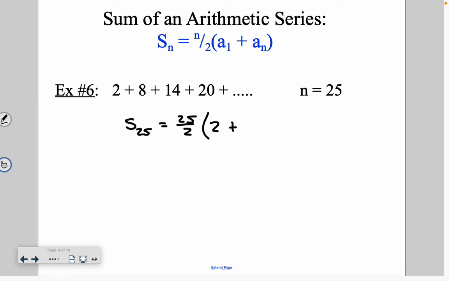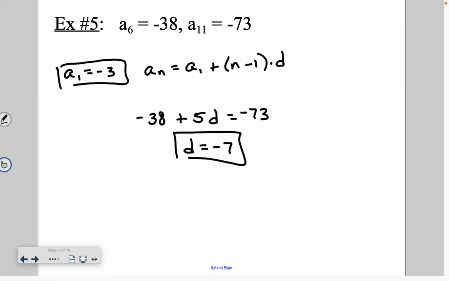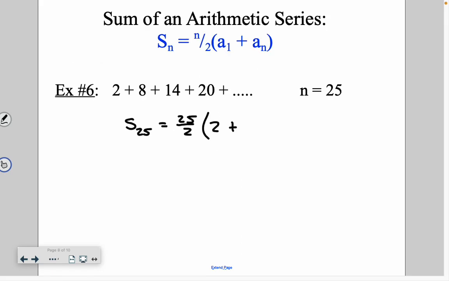I mean, you could use the pattern, but we're going to use our sequence formula. Let's actually find the 25th term, and then we'll plug it in. Okay? So if I'm finding, I'll do it over here. A sub 25, I need to figure out what is the actual value. Well, first term is 2, plus, how many common differences would I add if I'm looking for the 25th term?